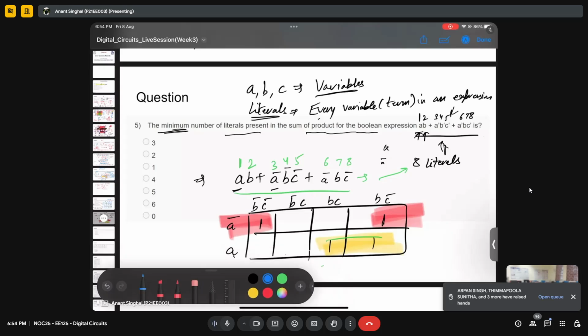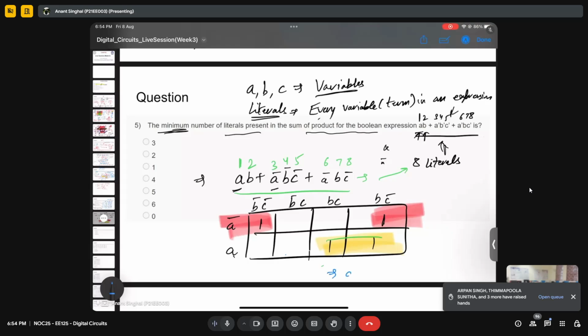The answer would be A, B, which is common, and the red block has A complement, C complement. So is it clear? The number would be 1, 2, 3, and 4. So 4 is the correct answer here, which is this option.